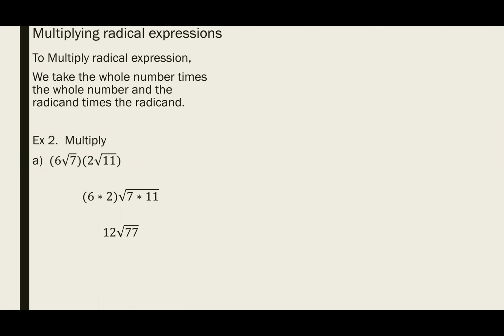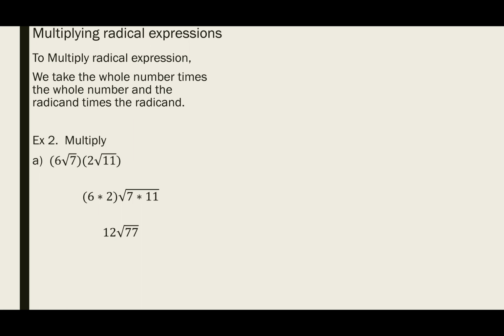And the 77 does not contain a perfect square, so this is your answer. If there is something that contains a perfect square, then you need to reduce or simplify it by extracting out the perfect square.